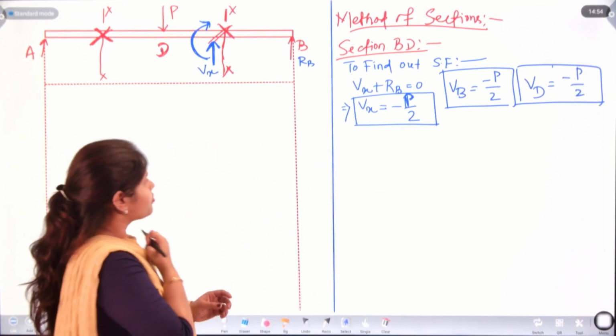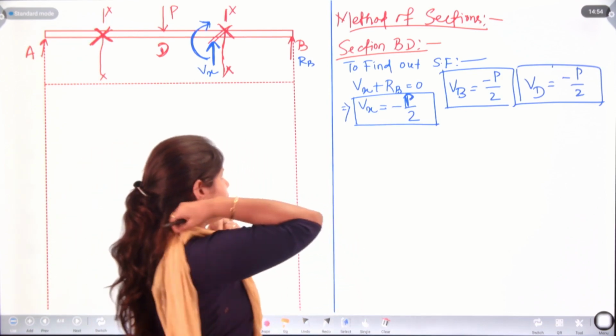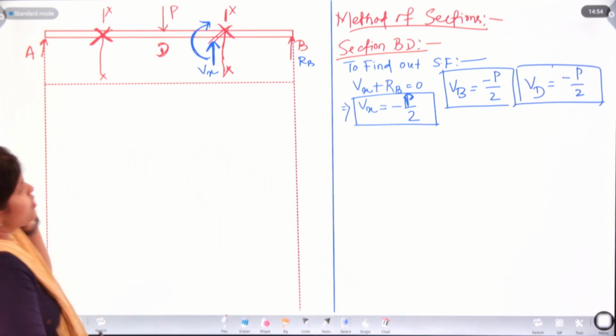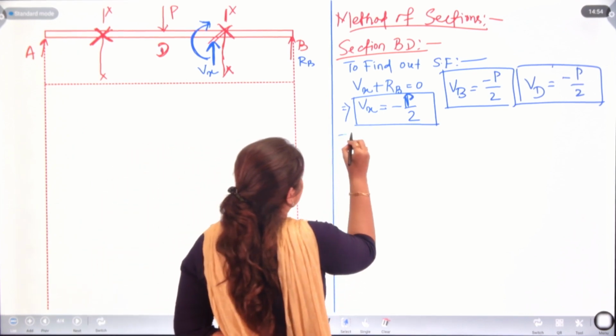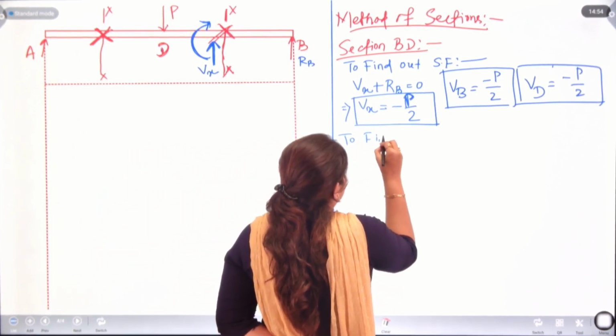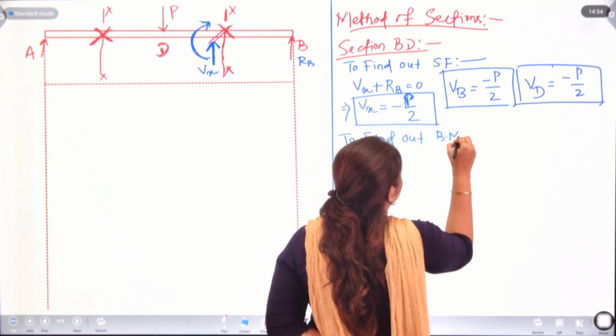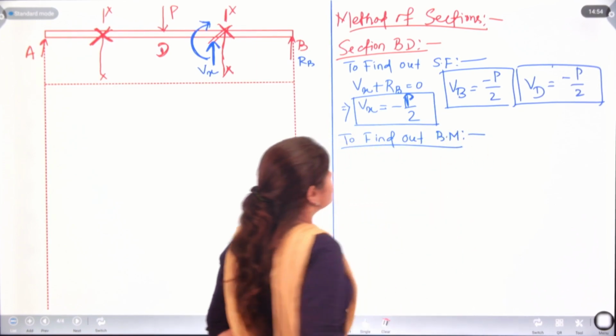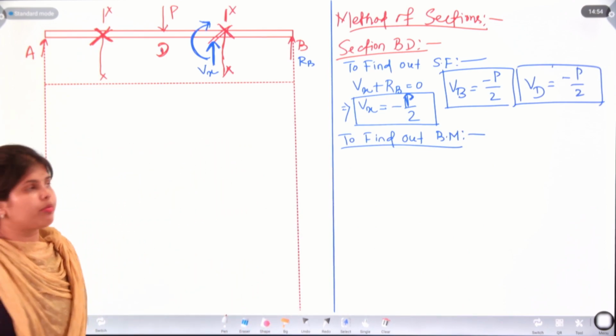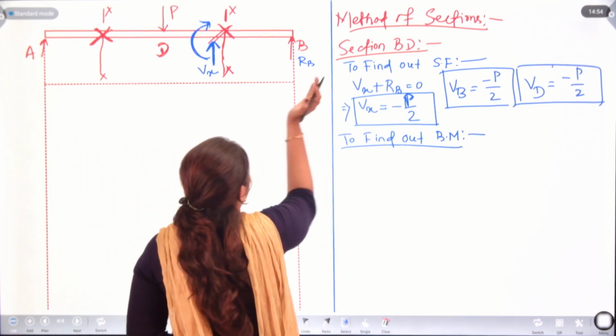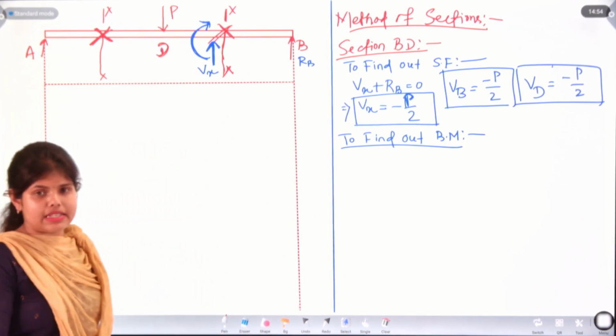Now you have the shear force. Now at section BD we will find the bending moment. How to find out bending moment? Bending moment is nothing but force into perpendicular distance.